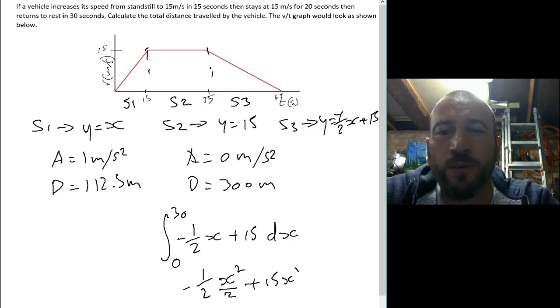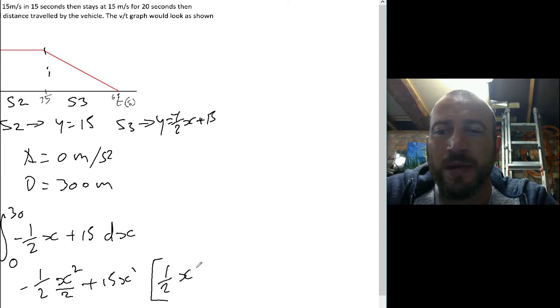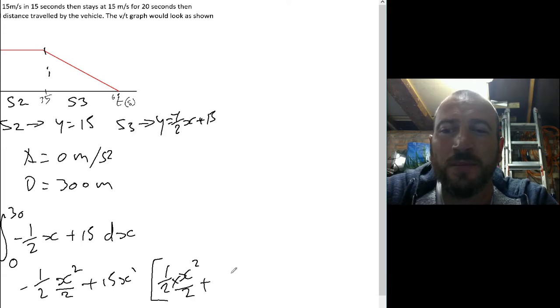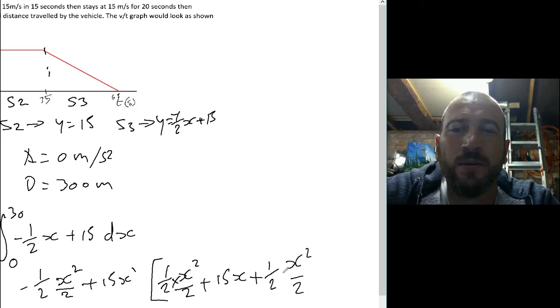Now if we put it into the formula the way we need to, we've got negative 1 over 2 times x squared over 2 plus 15x, with limits 0 and 30.